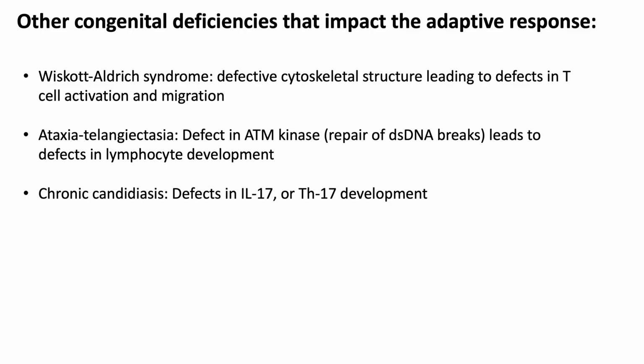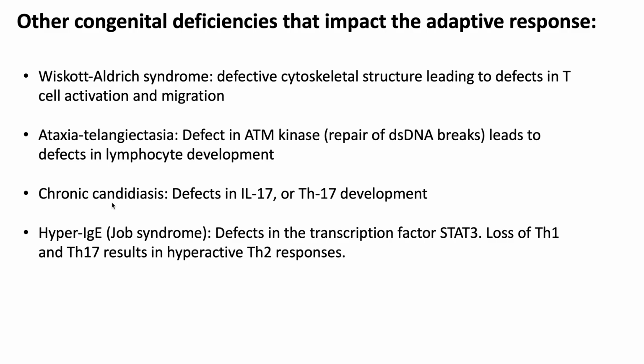There are some defects in certain cytokines that lead to specific susceptibilities to disease. For example, individuals with defects in the ability to produce the cytokine interleukin 17 can be susceptible to fungal infection, including chronic candidiasis. There are other defects in things like transcription factors that can impair the ability of the immune system to make effector T cell subsets.